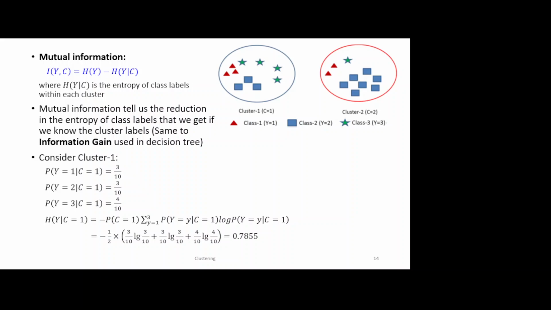You just take all the probability distributions, calculate their corresponding entropy, and you get the result. Any comments? And consider cluster 2. We just repeat the same process, and you can find its entropy is 0.557.